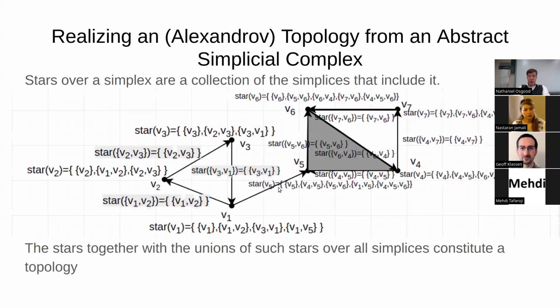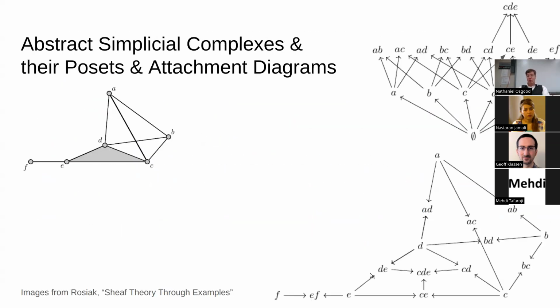Can you give me two objects here for which, if you take the stars of them and you intersect them, you're going to get an empty thing? What are two things whose stars have an intersection of empty? F and A. F and A are a great example.